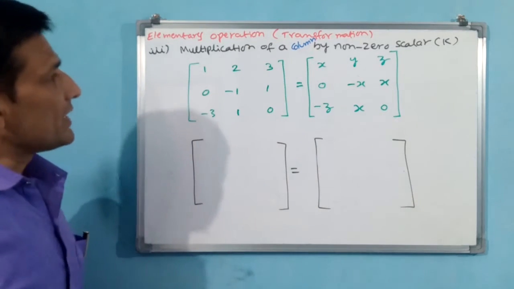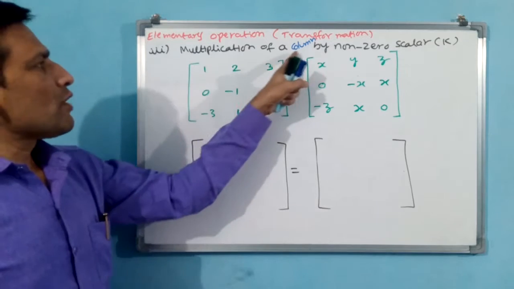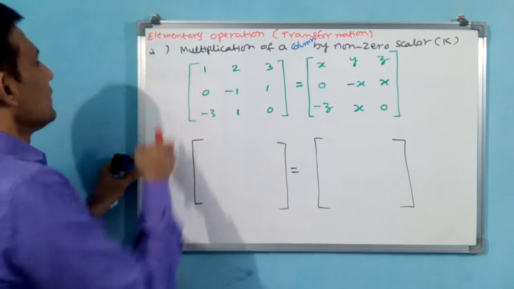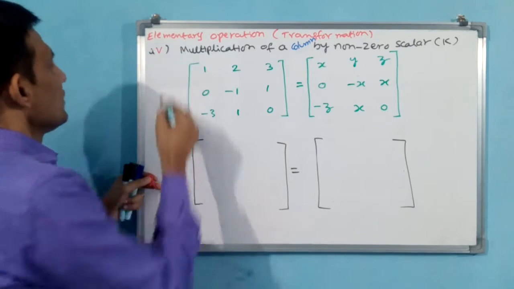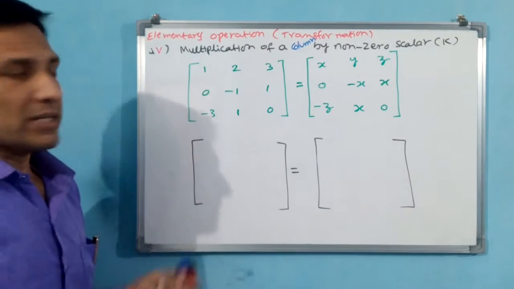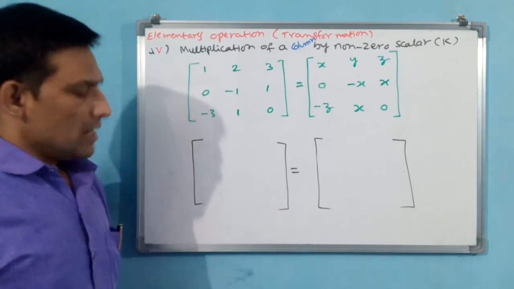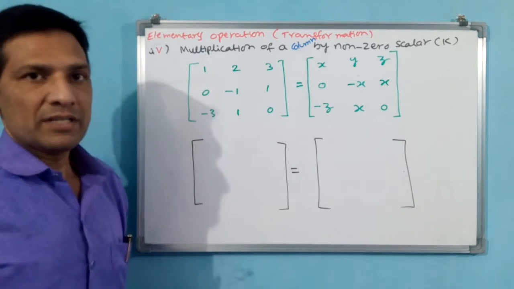Now let us see. Multiplication of a column, this is the fourth operation: multiplication of a column by a non-zero scalar k. Let us see what that operation is.